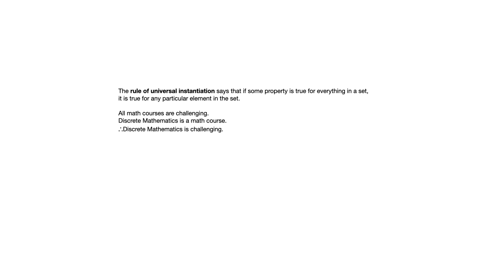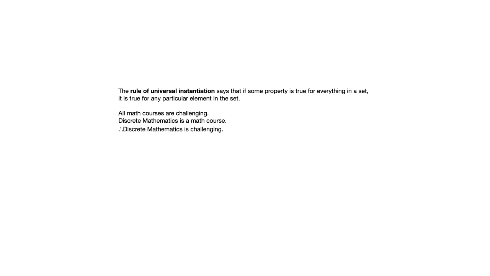Notice the other thing going on here, which gets into this universal instantiation, is that we go from talking about all math courses to then focus on a specific one. We focus on discrete mathematics.